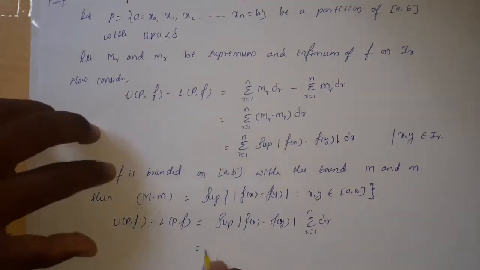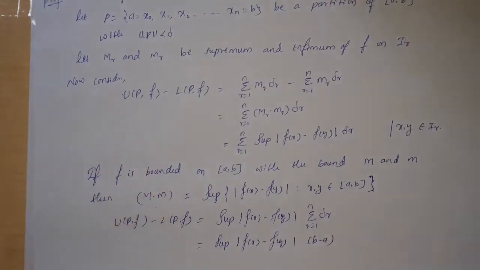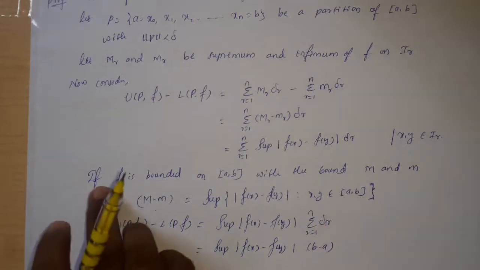Now, this is equal to the supremum of |f(x) minus f(y)| into (b minus a), because the sum of the lengths of all the subintervals is equal to the length of the main interval, that is, the length of the interval [a, b]. So, this sum is equal to b minus a.